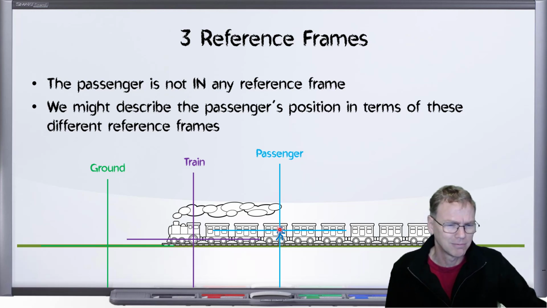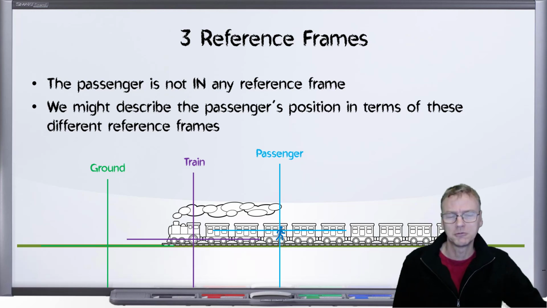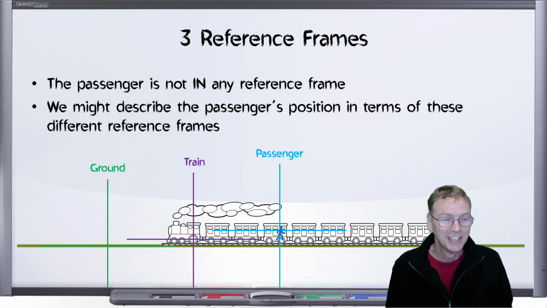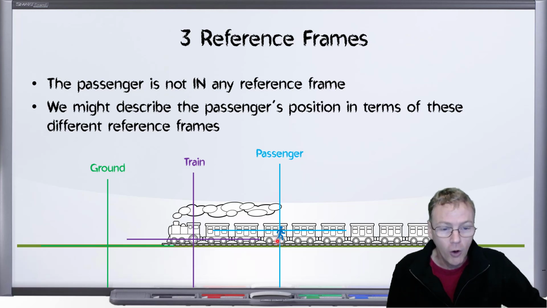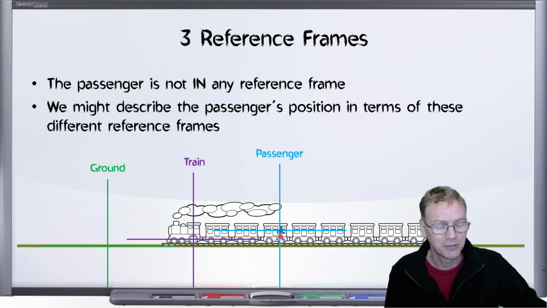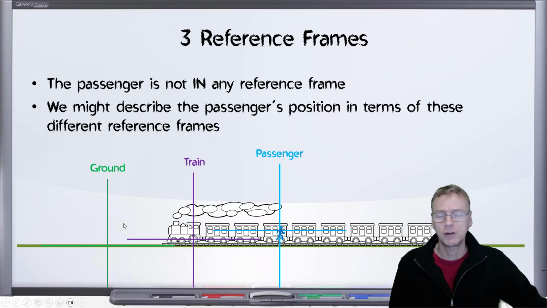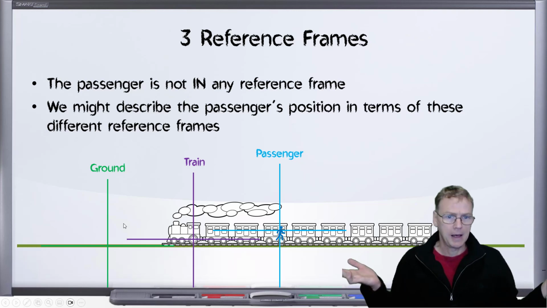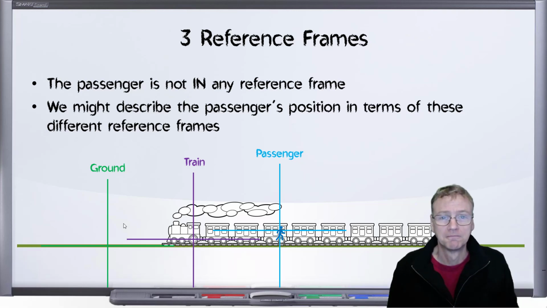Certainly he's not 10 meters north of himself. That seems silly, right? So where is the passenger? The passenger is at 0 meters from himself. No surprise there. He is some number of meters from the front of the train, and he's some other number of meters from the ground reference station. All of those perfectly valid.